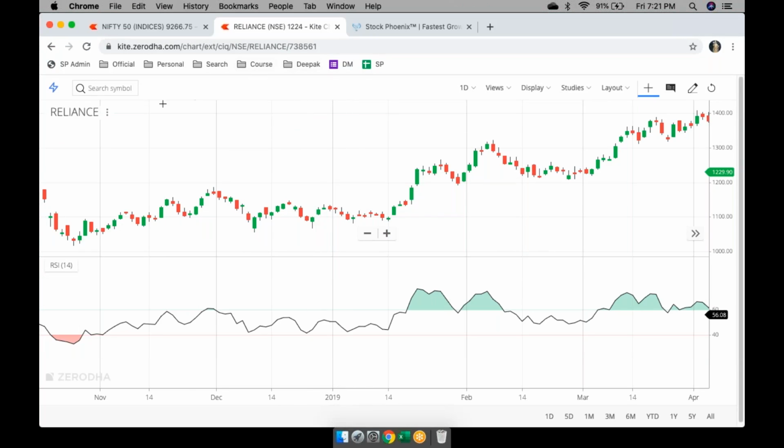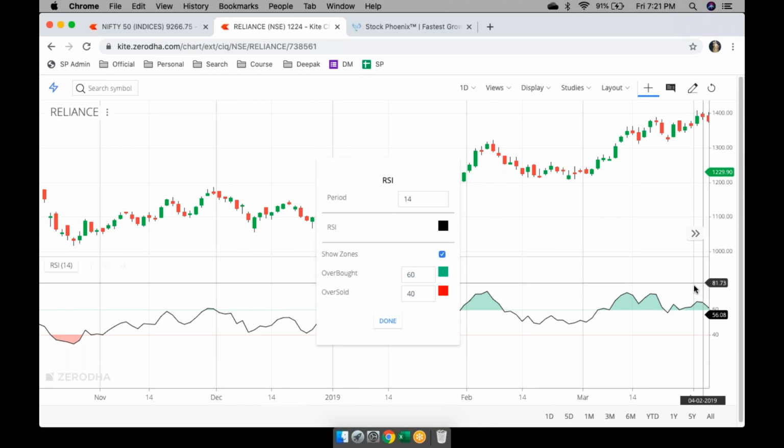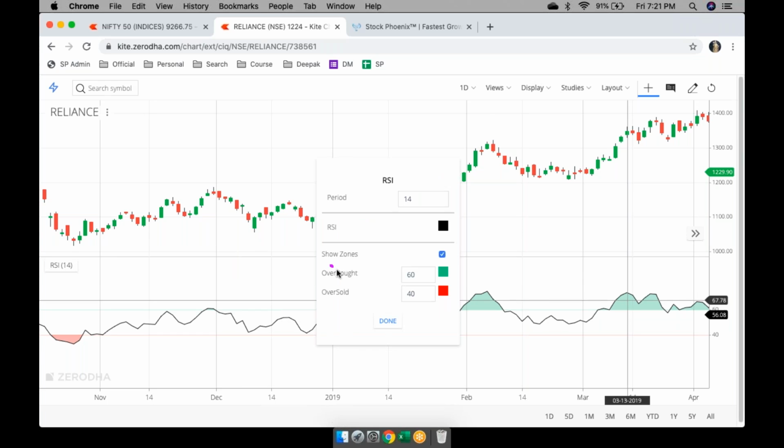Again, we will scrap the words overbought and oversold. I'm repeating, we will scrap these words, because even at this place we will buy, even at this place we will sell. Overbought and oversold are terms used by everyone, but we don't consider them.